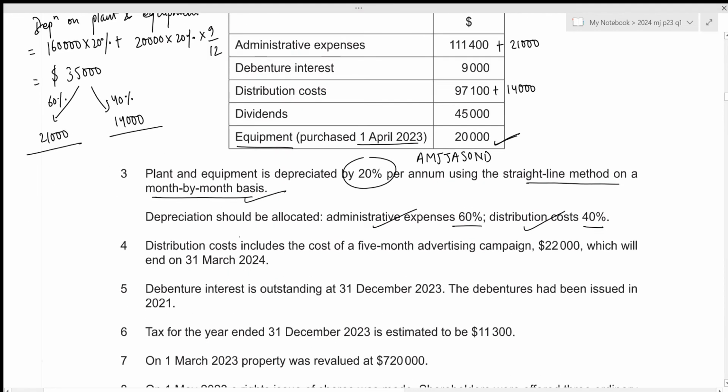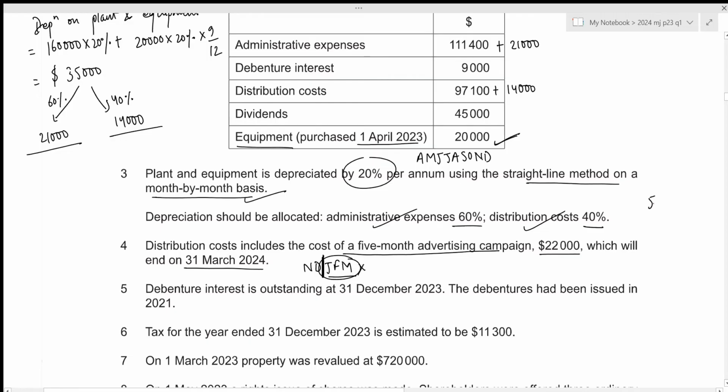Alright, then distribution costs includes a cost of a 5-month advertising campaign, 22,000, which will end on 31st March 2024. So this advertising campaign will be for the months of November, December, January, February, and March. And remember, our year end is at 31st December 2023. It means that we should not be including these expenses for the next year. So we just need to remove the expenses for these 3 months.